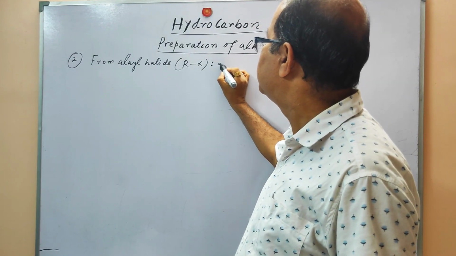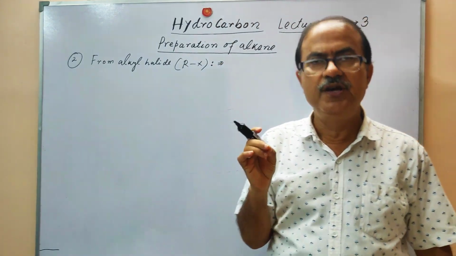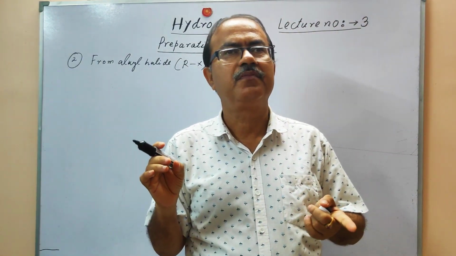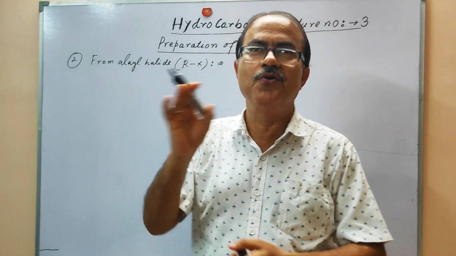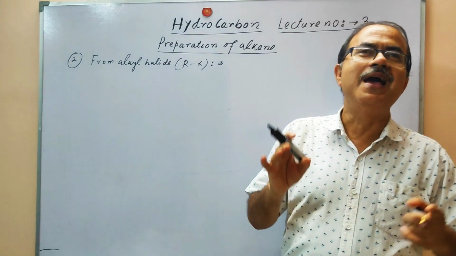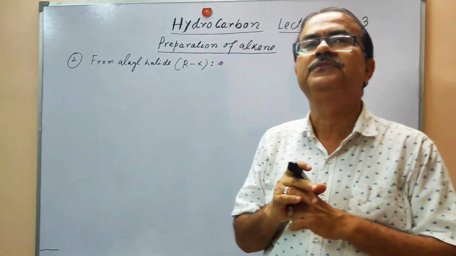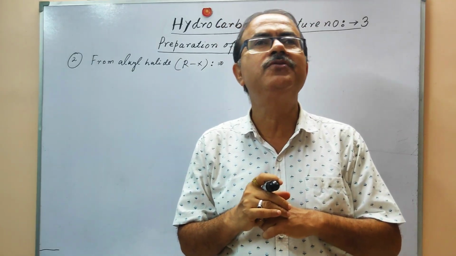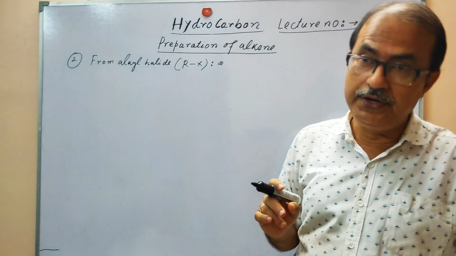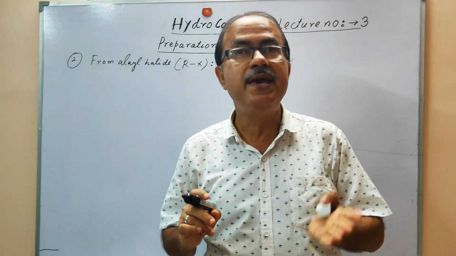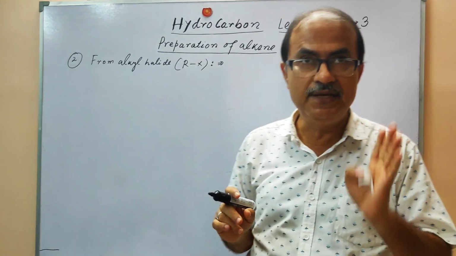In this process, when alkyl halide is heated in presence of alcoholic KOH, alcoholic means we can take the ethanol, it is going to produce a reaction which is called dehydrohalogenation.